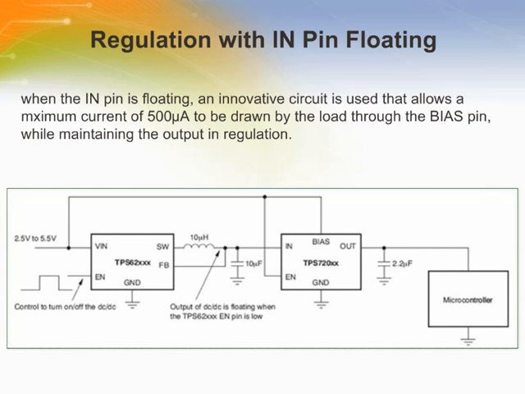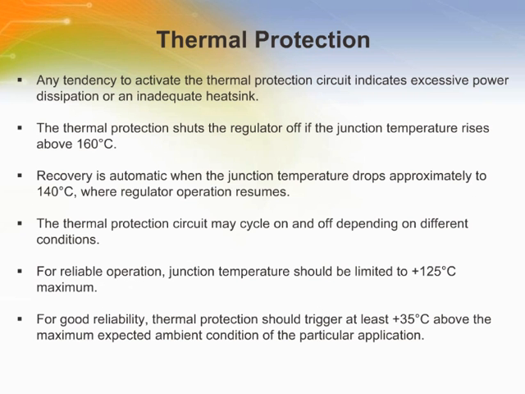The figure shows an application example where a microcontroller is not turned off in order to maintain the internal state of memory, but where the regulated supply, shown as the TPS62000, is turned off to reduce power. In this case, the TPS72000 bias pin provides sufficient load current to maintain a regulated voltage to the microcontroller.